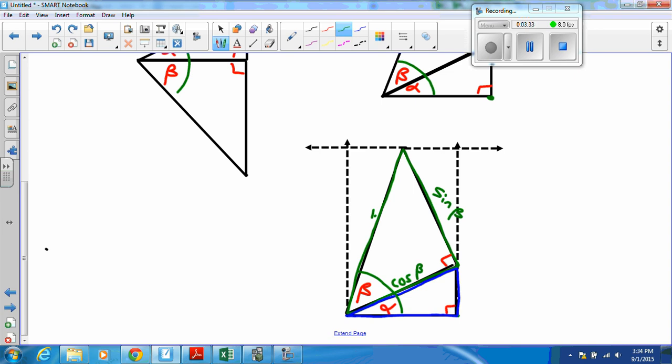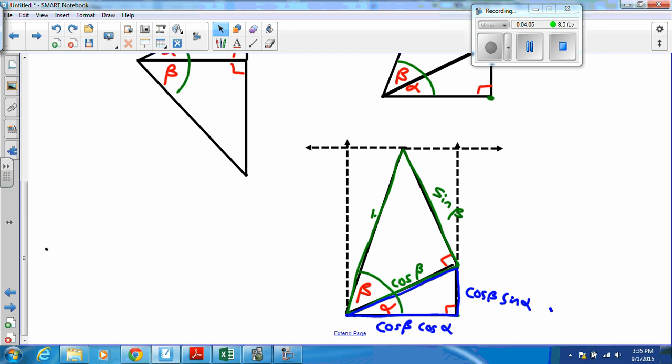And because this leg is the hypotenuse of the blue triangle, then we can represent the blue triangle as having legs of cosine beta times sine of alpha and cosine beta times cosine of alpha. So that's nifty, and it's encouraging because we're starting to see elements of the expressions found in our proof. So that suggests to us that we're on the right track.